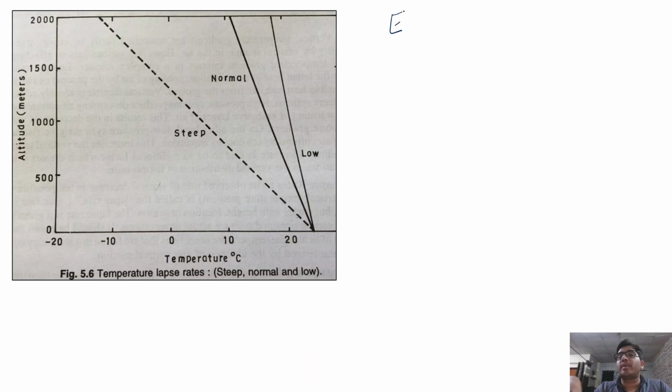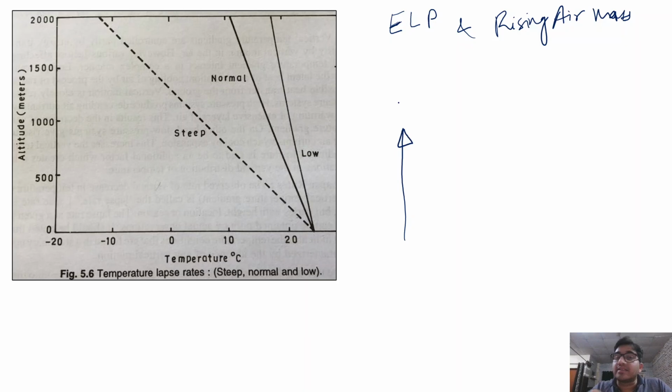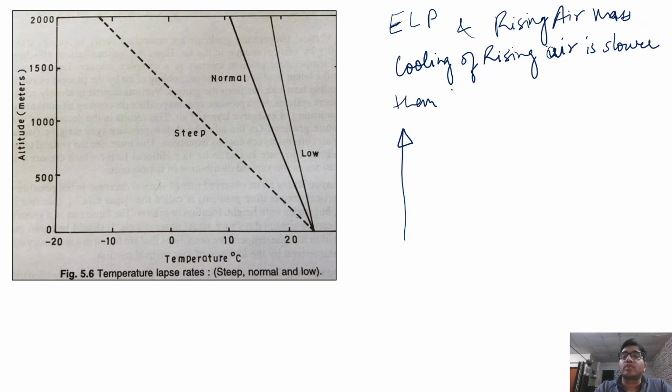As this air rises, if its cooling is slower than the environmental lapse rate, if the cooling of rising air is slower than the environmental lapse rate, then this is the situation of an unstable atmosphere. Unstable atmosphere.